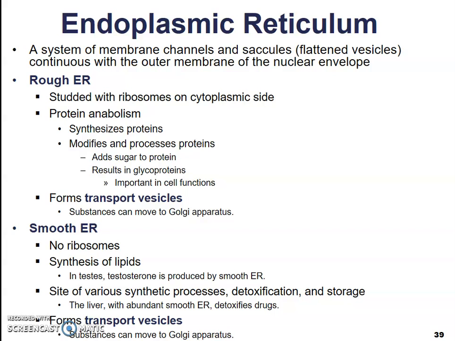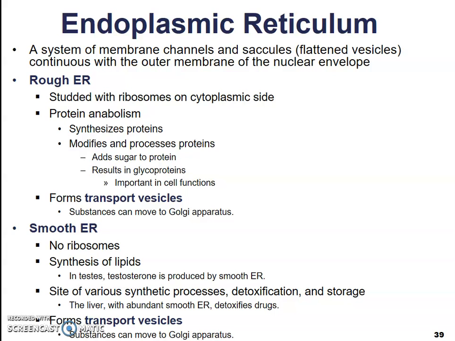The smooth ER does not have ribosomes, and its job is to make lipids. In the testes of males, that is where testosterone is produced. The ER is what does that, so in the testicles of a male, you would expect to see cells with a lot of smooth endoplasmic reticulum.